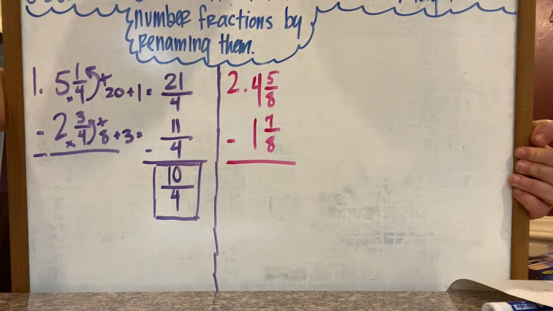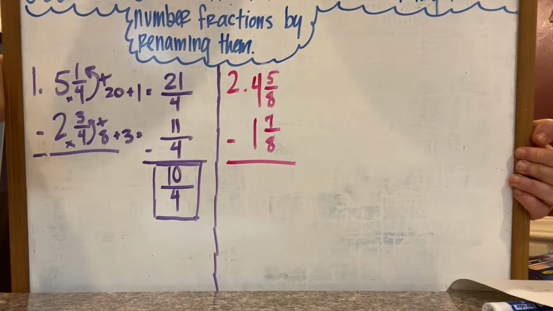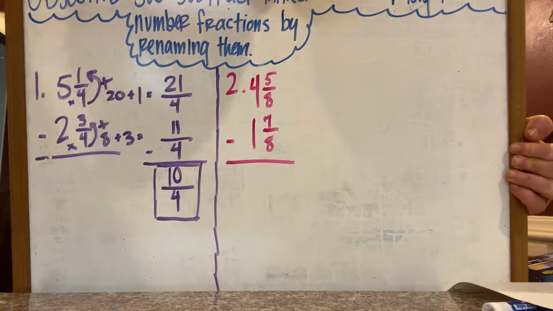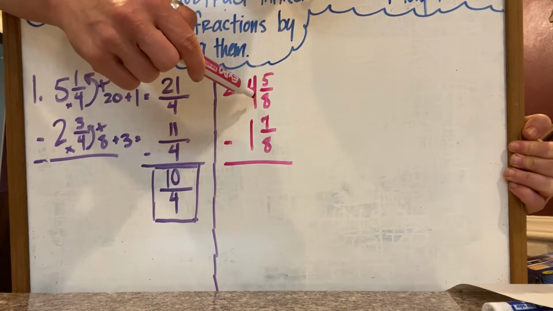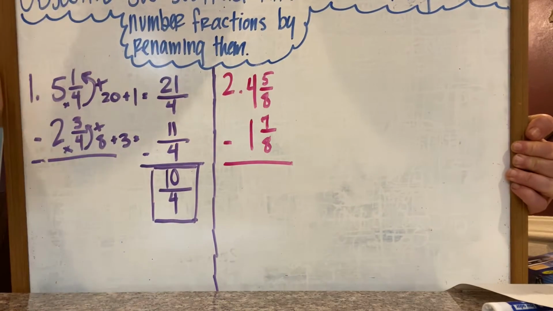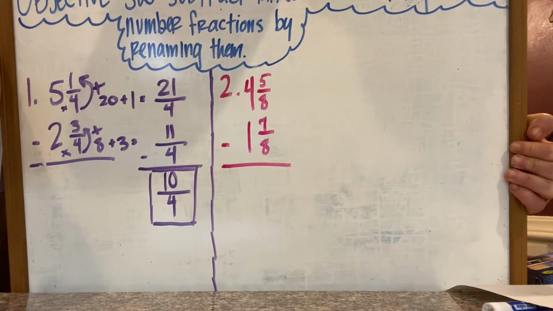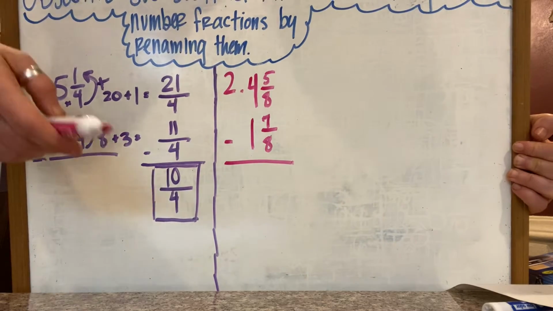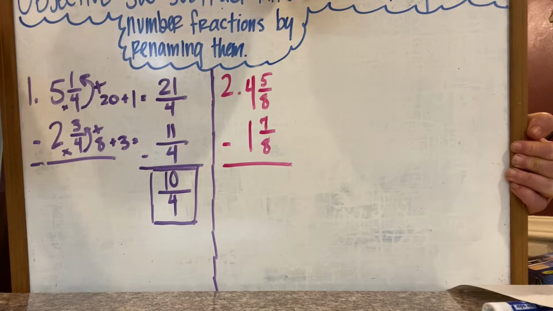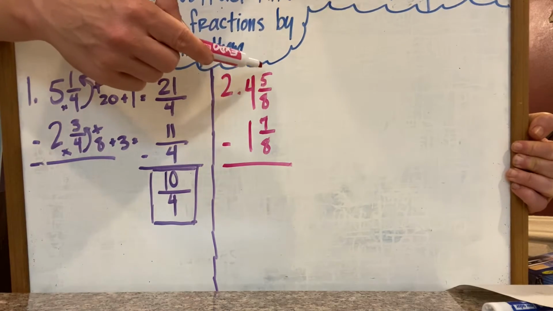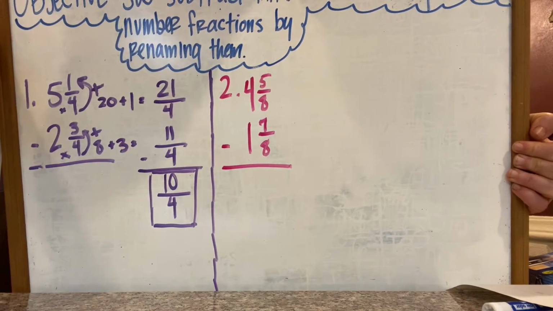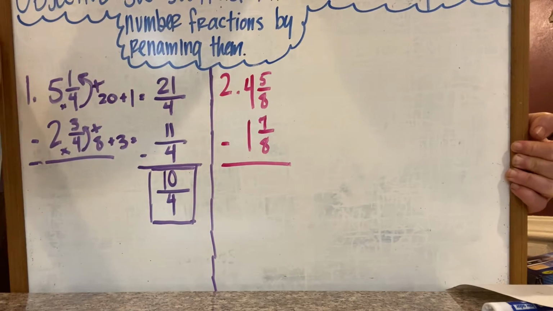Remember, when you rewrite a mixed number as an improper fraction, you're using multiplication and then addition. So 4 times 8, let's count: 8, 16, 24, 32. So 32 plus the extra 5 is 37.